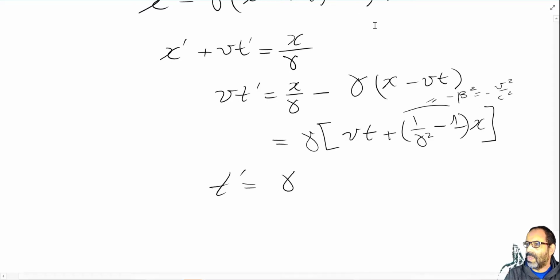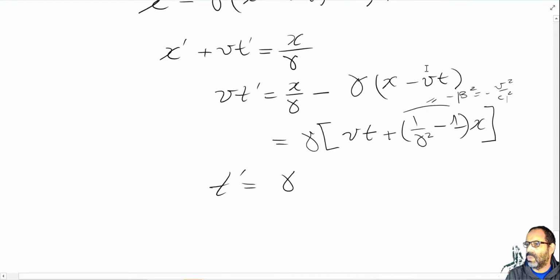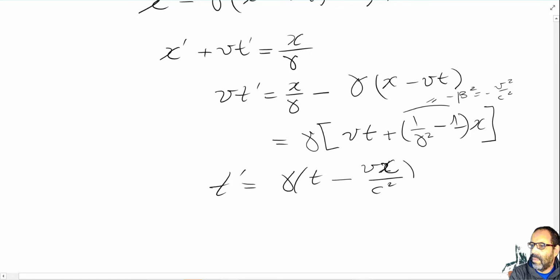That's all: 1 over gamma squared minus 1 is equal to negative beta squared. So let's write this stuff here. We're dividing by v now, so the v cancels the v. So we're left with t, and then the minus sign. I have a v squared now, and I divide by v, so I'm left with a v here, and I have an x in the numerator: vx divided by c squared.